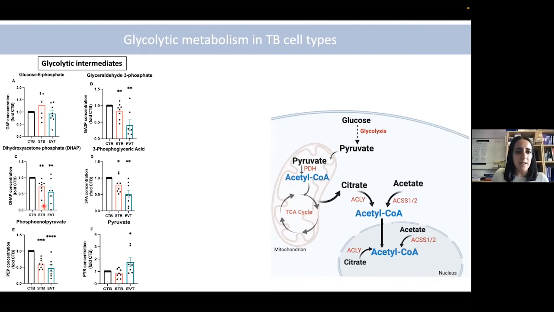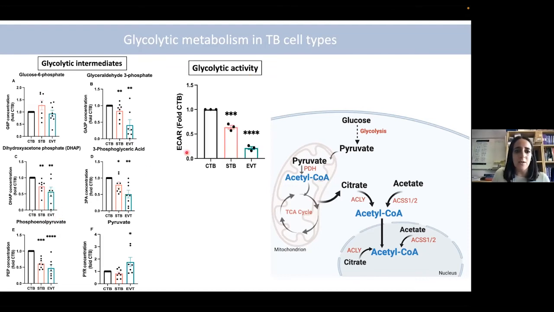And we can see that some of them are higher in the cytotrophoblast cells compared to their more differentiated states as STB and EVT. We also measured the extracellular acidification rate, which is a measure of glycolytic activity, and again it was higher in the CTB compared to STB and EVT.